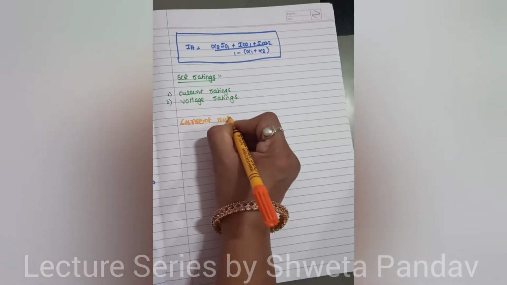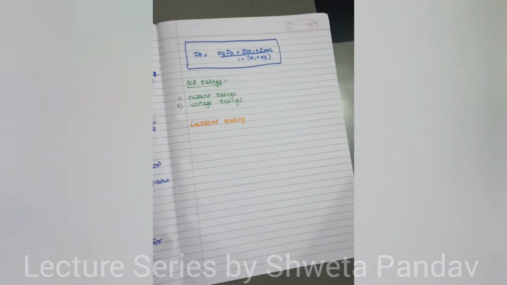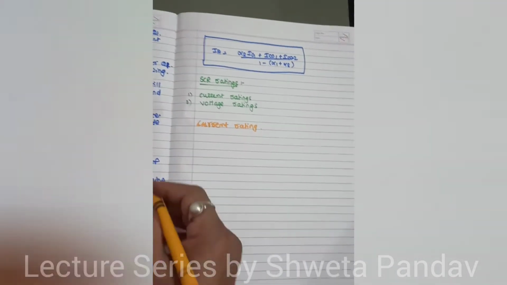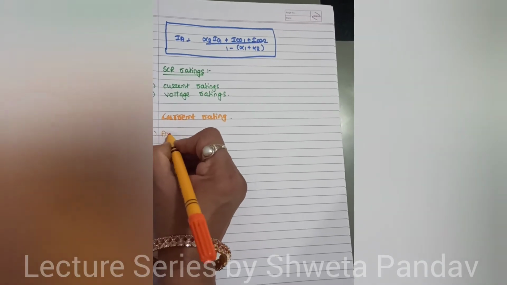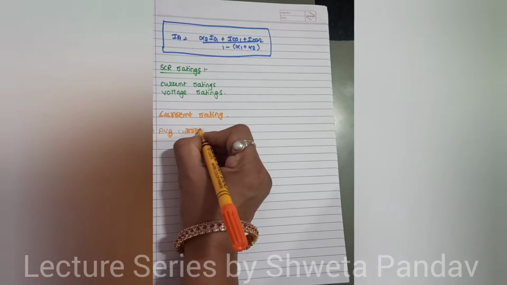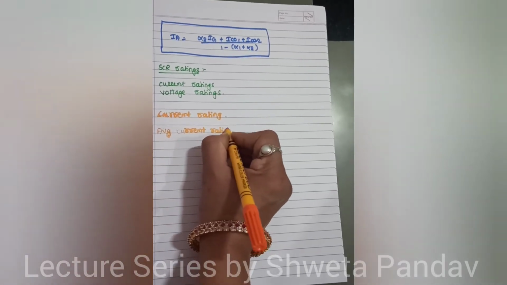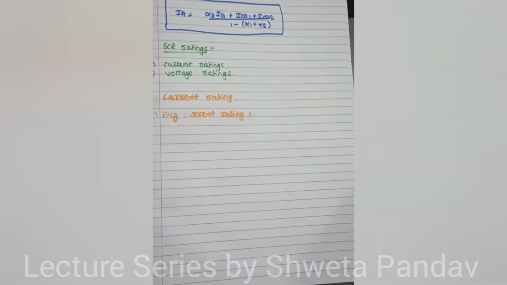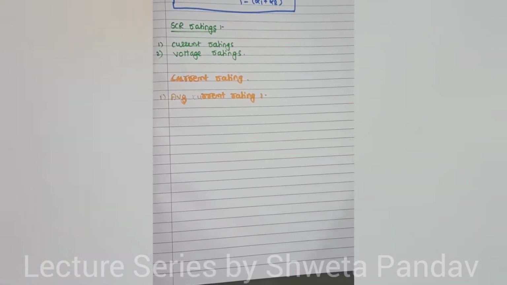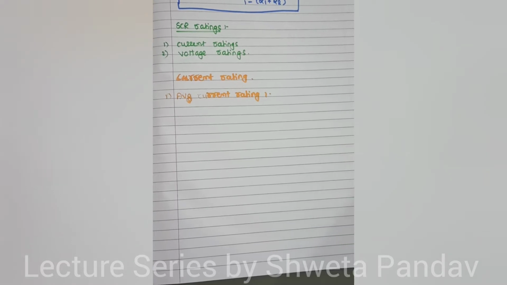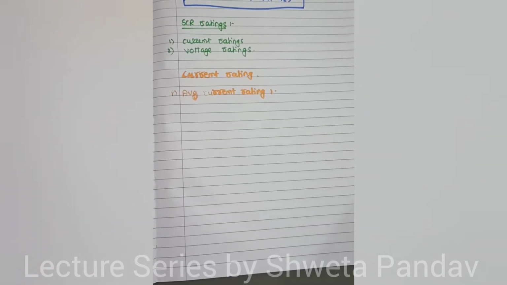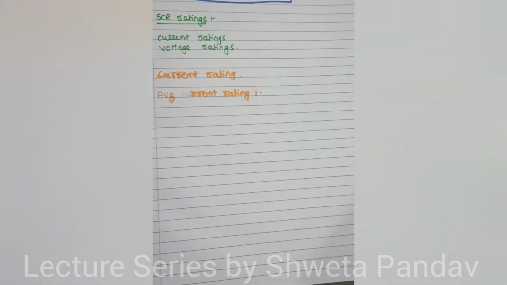In the current ratings, we will see four to five terms. First one is average current rating. What is average current rating?